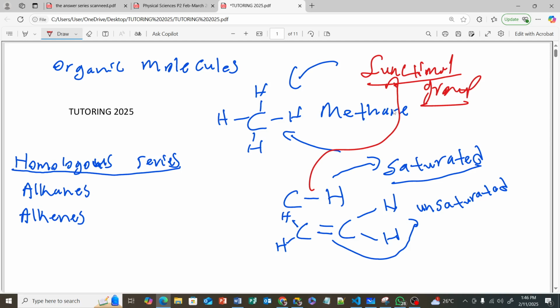So multiple molecules within a homologous series will only differ with the chain length or configuration of the chain, but they will have the same functional group. So all those molecules that have the same functional group will fall within the same homologous series or family name.